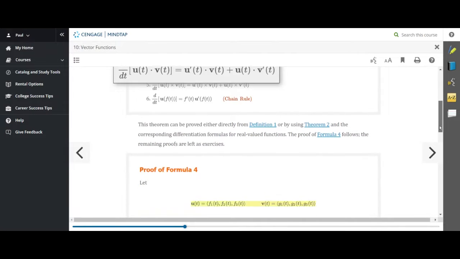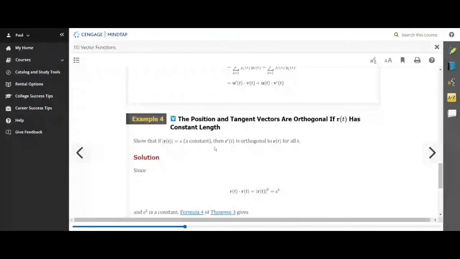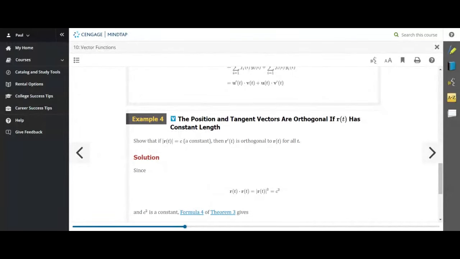So here, I'm going to just highlight this. Example 4 says, show that if you have a vector function and the length of the vector function is constant, then the derivative vector is orthogonal to r(t) for all t.